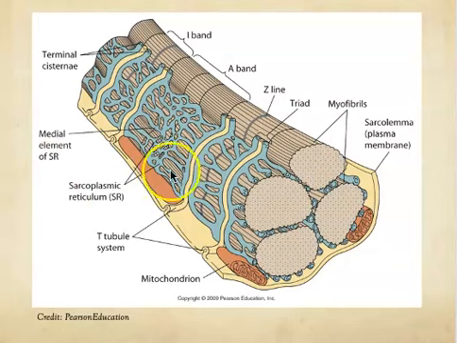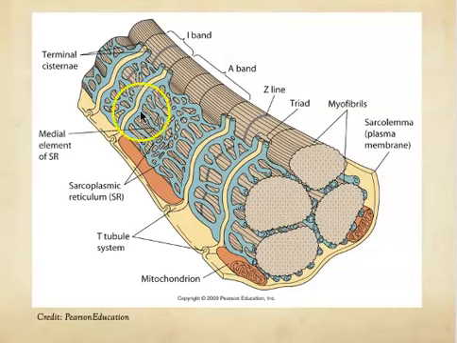Well, we go back to the sarcoplasmic reticulum. We go back to the blue, the network, the mesh. In the membrane of the sarcoplasmic reticulum, there are protein pumps, and those pumps are capable of pulling calcium back out of the cytoplasm and back into the sarcoplasmic reticulum.